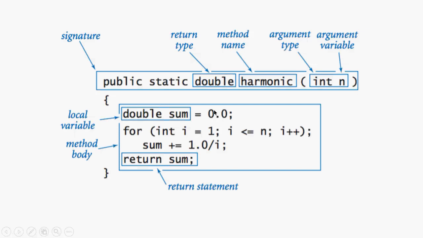If you create a new variable here, it will be called a local variable. If you create it outside, it is not a local variable. So a local variable is local only to this method. The lifespan or the scope of this local variable is from this starting point to this ending point.